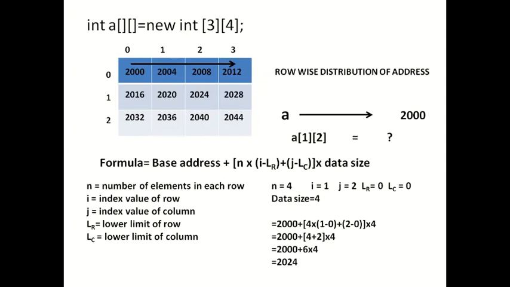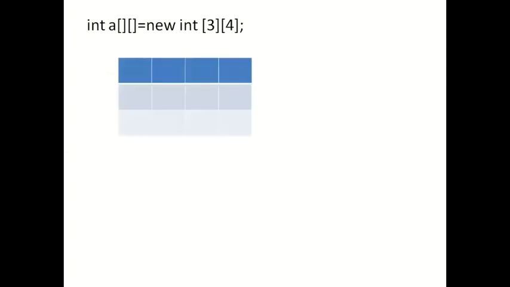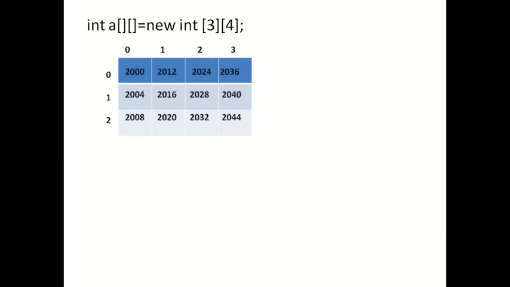Now let's see another way. Suppose I am creating a 2D array, but in this case, the addresses are allocated column wise. If the addresses are allocated column wise, then this is called column wise distribution of address, or column major.